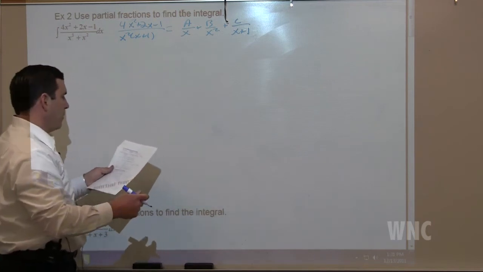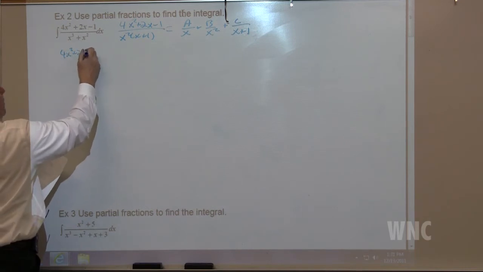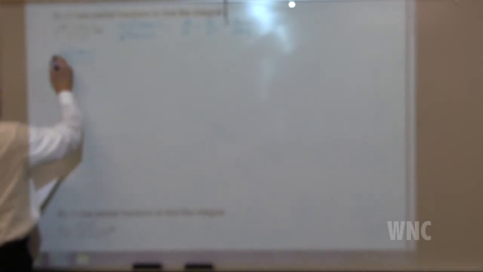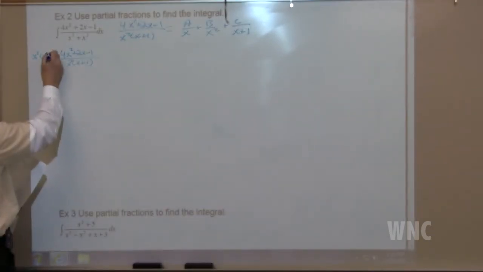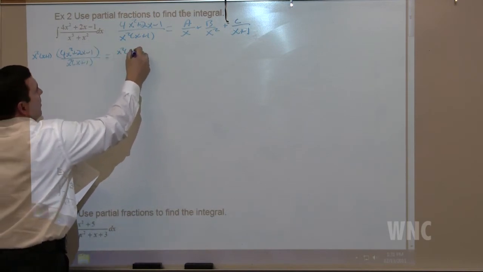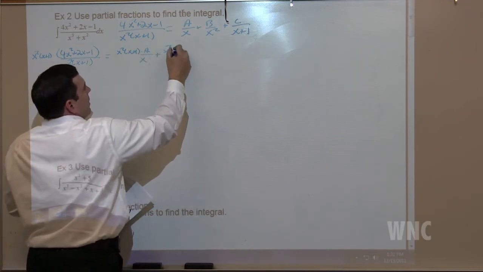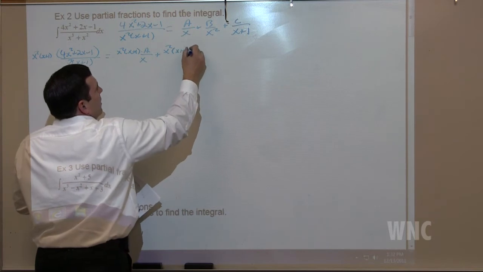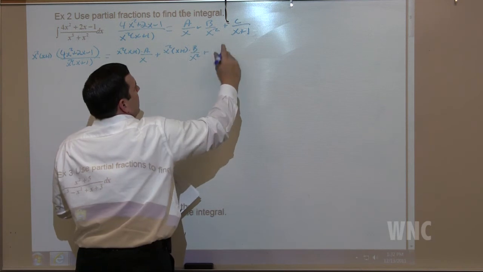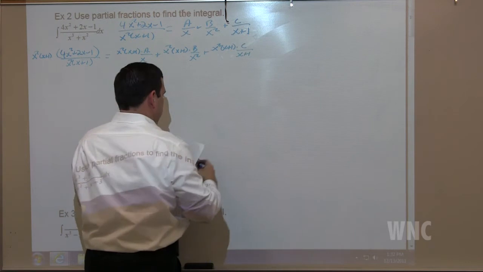Okay, so we're going to have that (4x squared plus 2x minus 1) over x squared times (x plus 1) equals x squared times (x plus 1) times A over x, plus x squared times (x plus 1) times B over x squared, plus x squared times (x plus 1) times C over x plus 1.